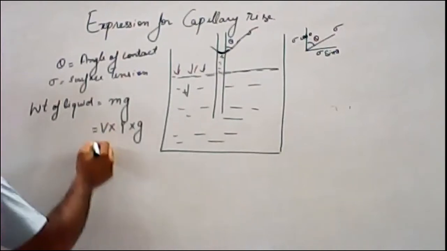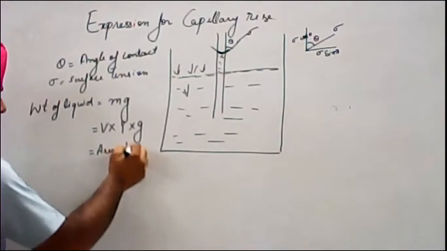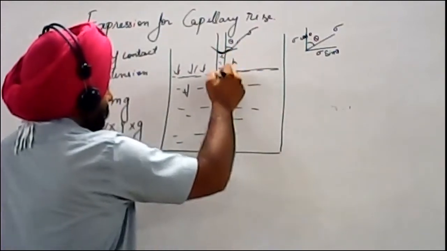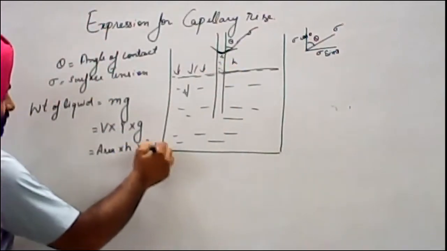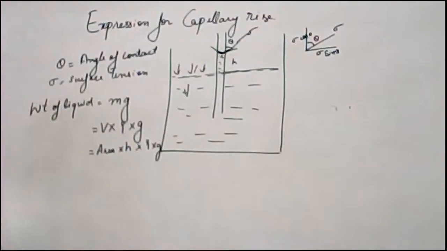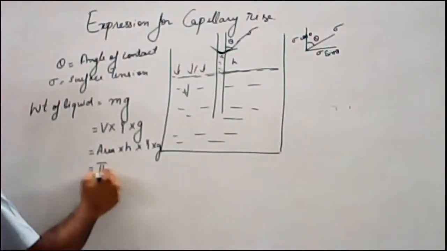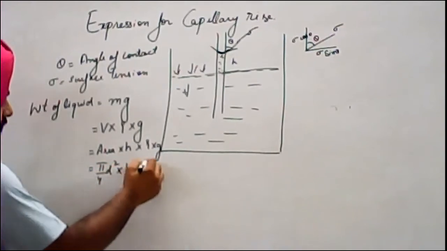Now this further can be divided into area into h. H is the height up to which it has risen. Area is the area of the tube, into rho into g. Now area is pi by 4 d square into h into rho into g.